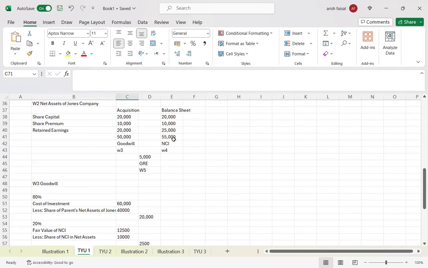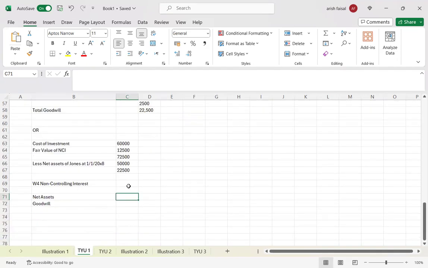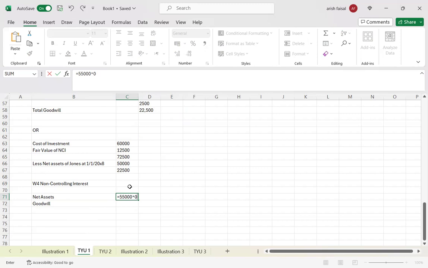So at the balance sheet date, I told you before that when you're figuring out your NCI value, you need this 55,000, which is the value of the net assets at the reporting date. So from that 55,000, 20 percentage belongs to the NCI, correct? So what we have to do over here is take 55,000 and multiply it by 20%. So we get 11,000 over there. Okay.